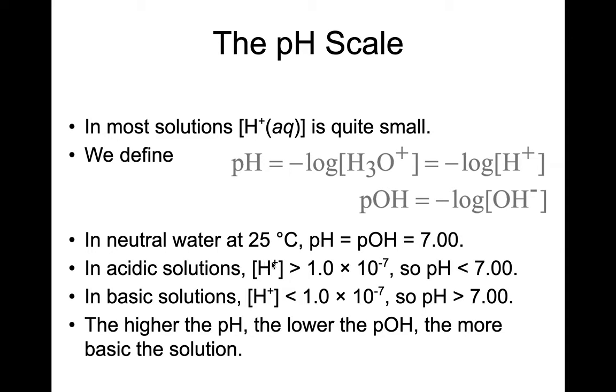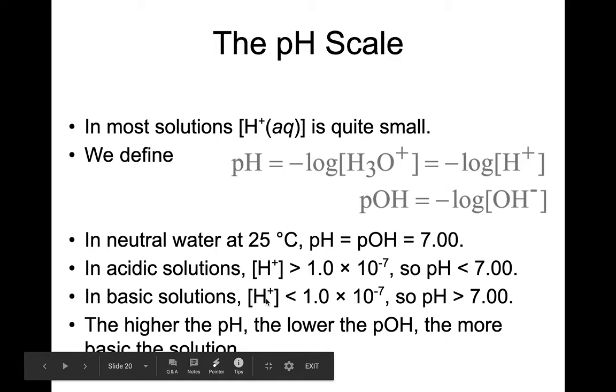Acidic solutions will have a hydrogen ion concentration that is greater than 1 times 10 to the negative 7th, greater than the concentration of water, and so a pH that is less than 7 because of that relationship. If this concentration is greater, it's going to be 1 times 10 to the negative 6 or the negative 5th, while a pH of 5 or 6 is less than 7.